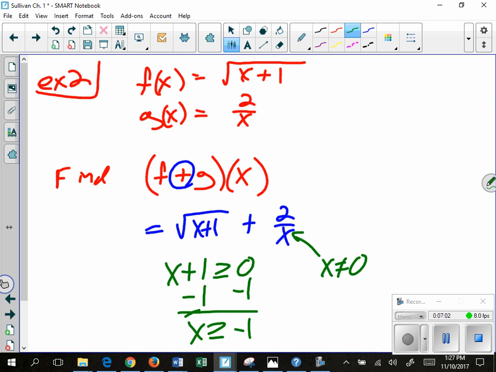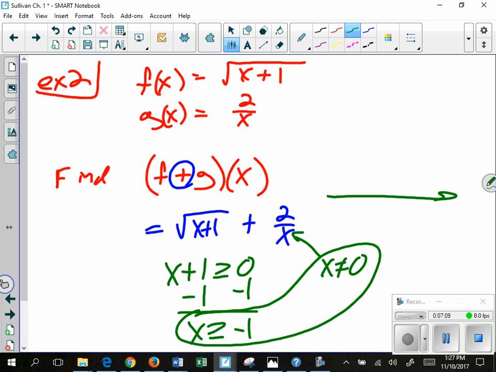So now I have to figure out how to combine these two things into one. If I think about it on a number line, here's 0, that can't happen, so it's an open circle at 0. It's a closed circle at -1, because it's greater than or equal to.